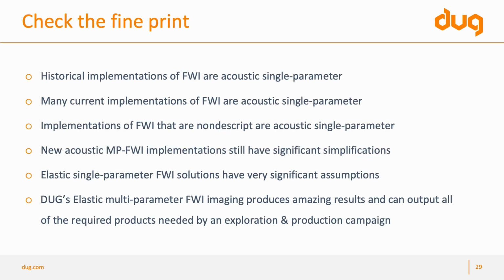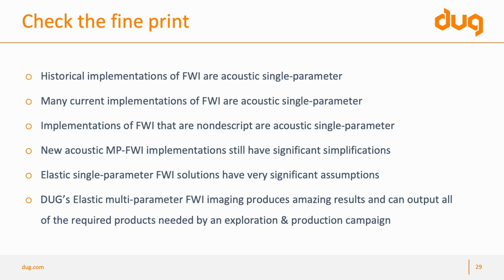When comparing what we do at Doug to what some of our competitors are offering, it is important to consider these things. The historical implementations of FWI are acoustic single parameter. Many current implementations of FWI are acoustic single parameter. Implementations of FWI that are nondescript are acoustic single parameter.